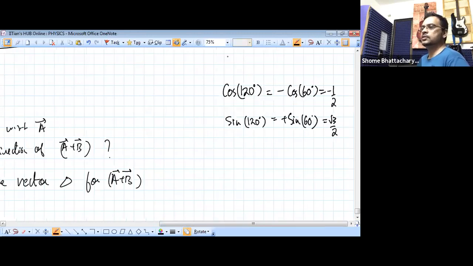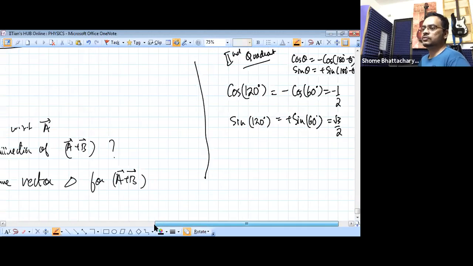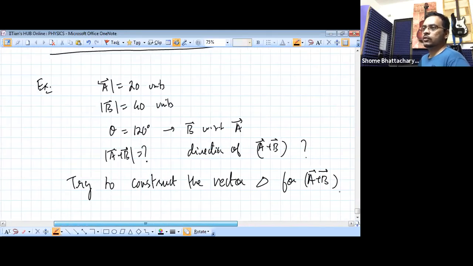So one is you can use this formula, because in the second quadrant, the trigonometric formula we use is that cos of theta is minus of cos 180 minus theta, and sine of theta is positive of sine 180 minus theta. But I'm saying isko abhi just for the moment let it be. Okay, we'll come back to the formula. Let's try and solve this logically also and see what happens.